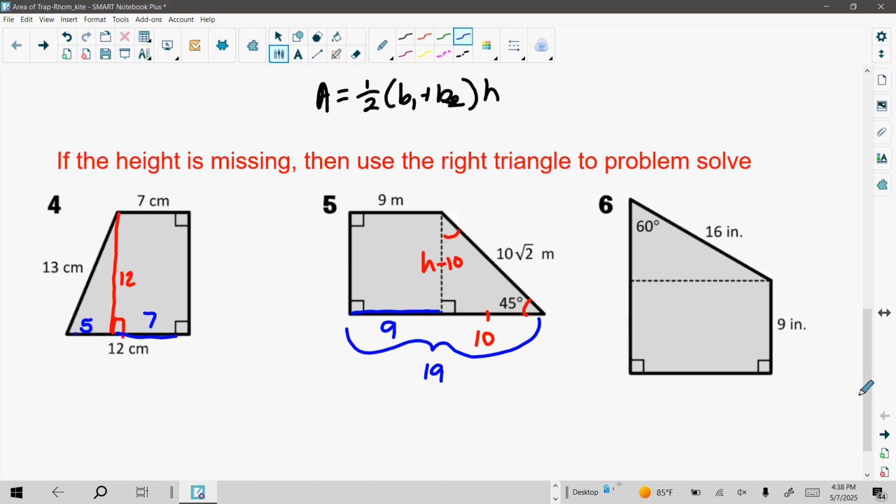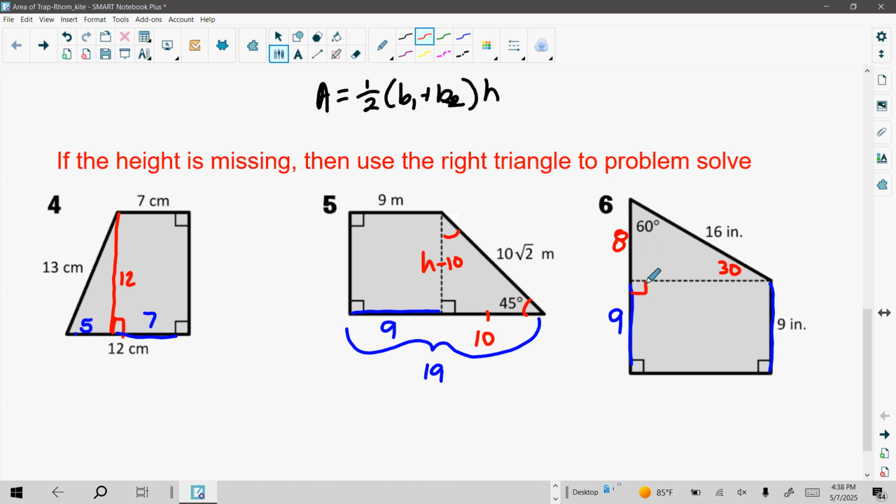And for our 6, the height's missing. But I use this rectangle, these sides being 9. And then I use the right triangle, seeing this is 60, which means this over here would be 30. So my short leg is half this hypotenuse of 16, which means it's 8.